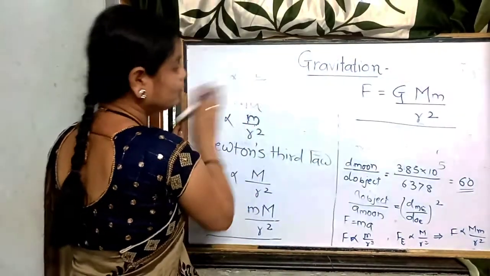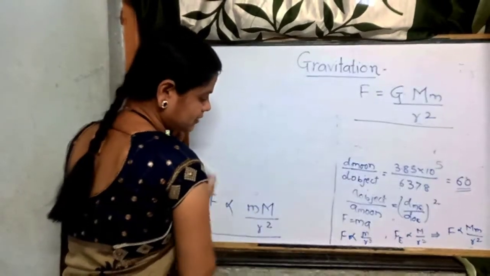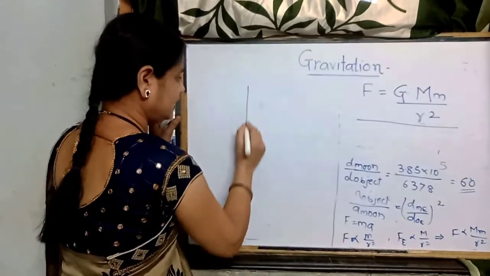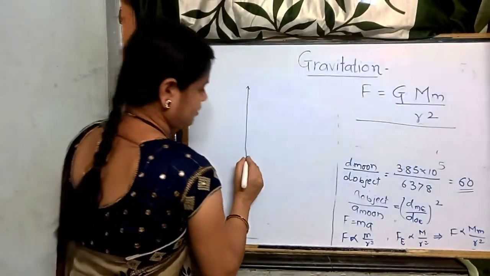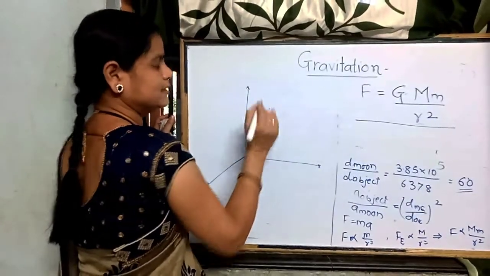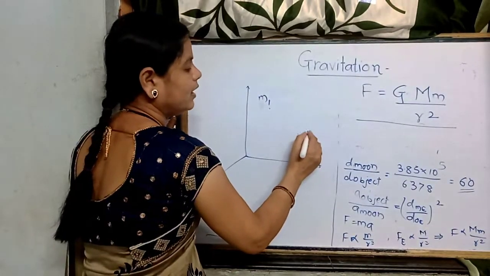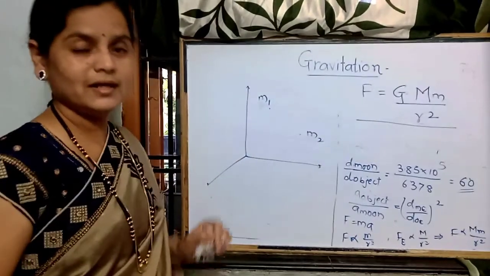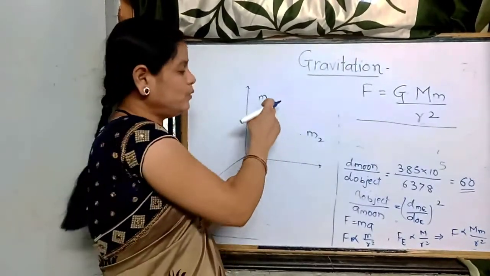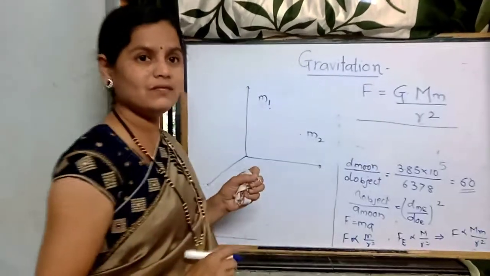See here, this law is called a universal law because it is applicable for any two objects. Suppose this is a coordinate system in which any two masses, any two objects of masses say m1 and m2 are situated. There must exist a gravitational force between these two, that is they are attracted to each other by the gravitational force.